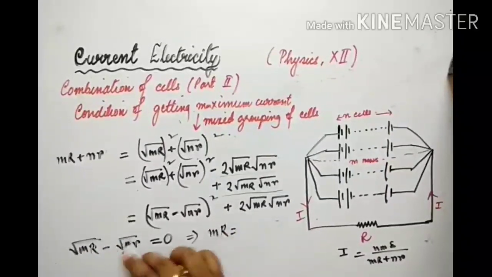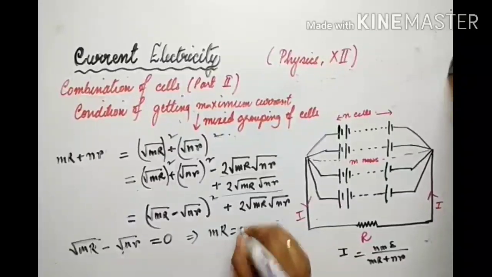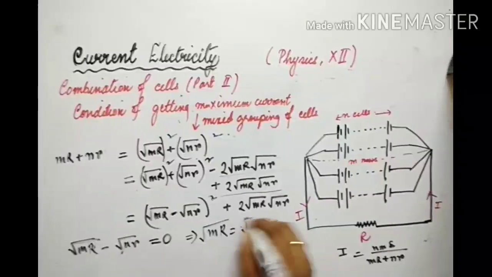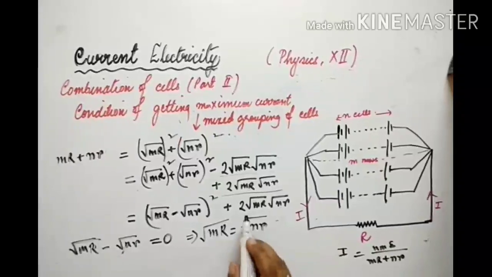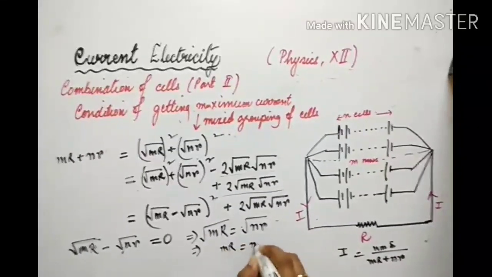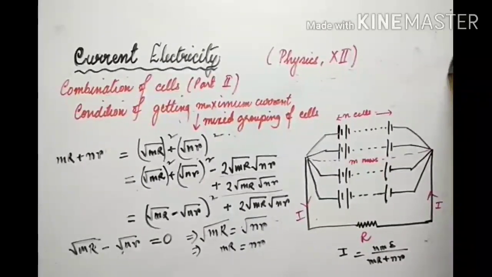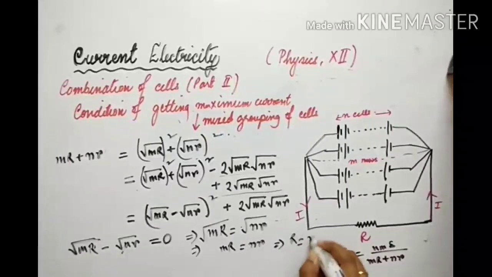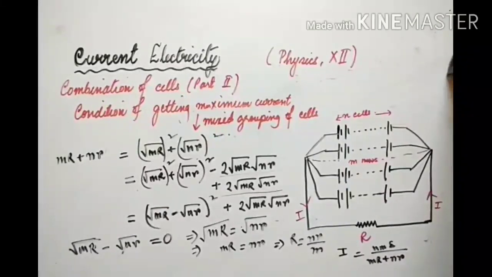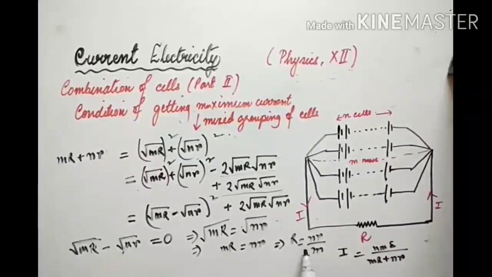MR equals, we square both the sides by bringing it to this side, so we will be left with, okay, then what we will get, nr by m. So we are getting here the total resistance as nr by m.